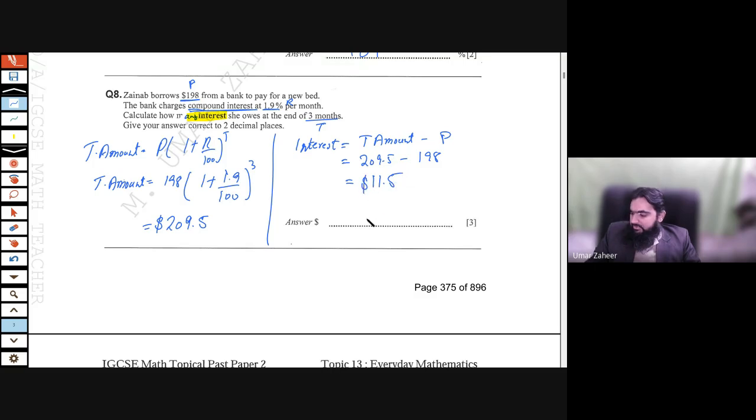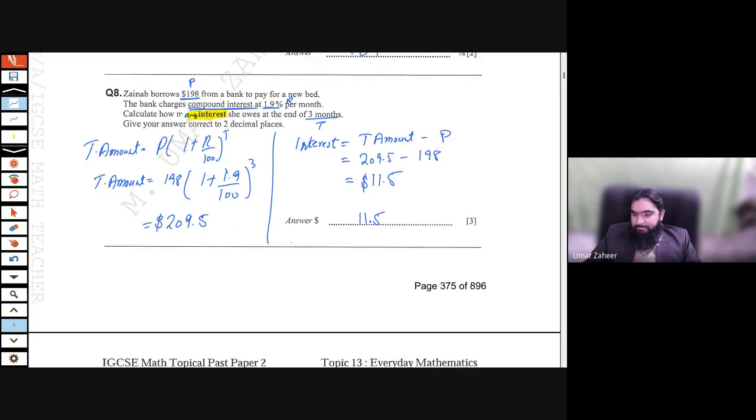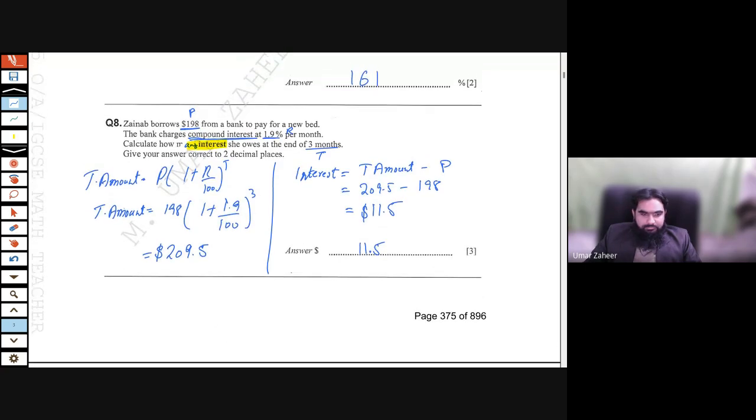So she gets $11.5 as an interest, or rather, obviously, she needs to pay $11.5 as an interest. Understood? Yes, sir.